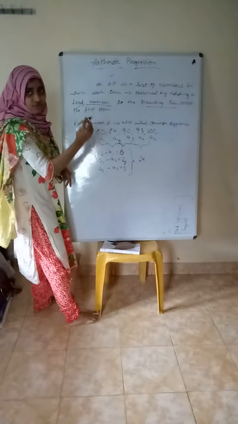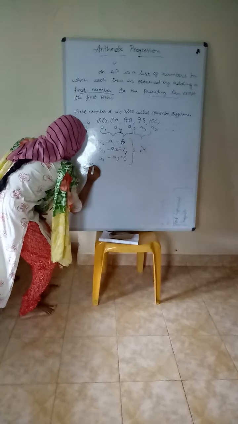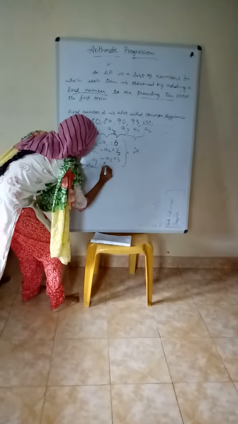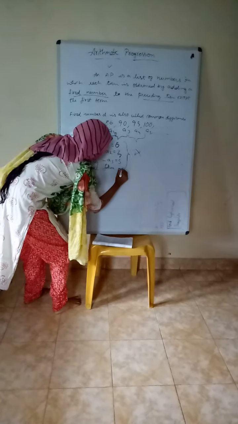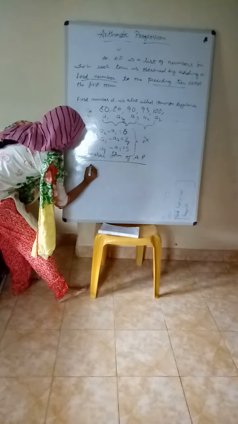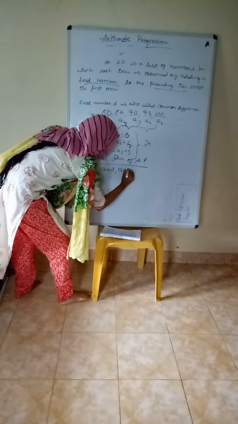Next, what is the general form of AP? A, A plus D, A plus 2D, A plus 3D, and it goes on like this.